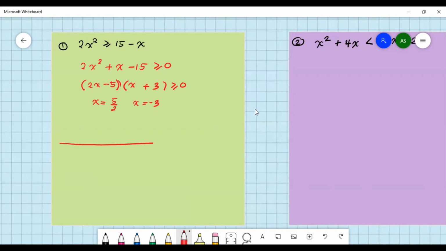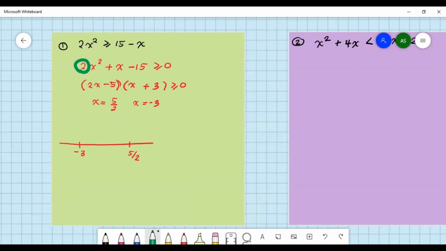Remember, the graph of your quadratic is a parabola, based on the previous video. So we have the roots of your equation, which are -3 and +5 over 2. And as you can see here, the value of a, let me highlight it, is positive.